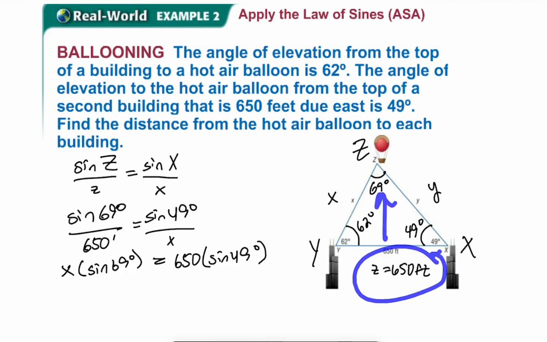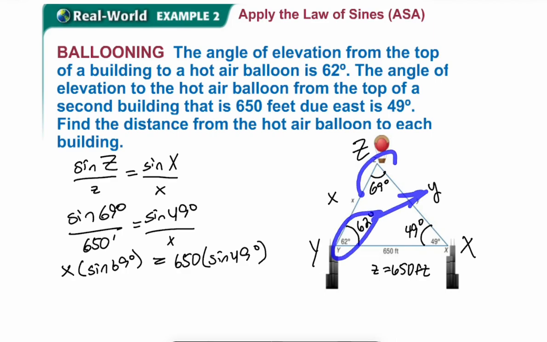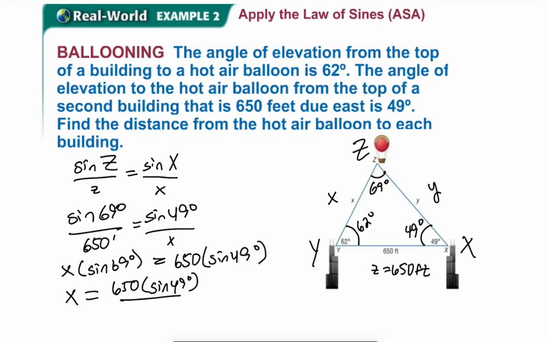It is across from the biggest angle. Now, the one that's across from 62 and the one that's across from 69 should be very close, I would say. They're not going to be so super far apart. But 650 should be the longest length. Okay. So what are we going to enter into our calculator? We're going to enter that x is 650 times the sine of 49 over the sine of 69.